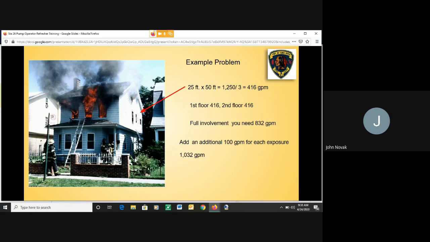Not that you're going to use it all, but that's possibly what you may need for this situation. So if we did our percentage with the fire, probably like 50%, so 200 gallons a minute, thereabouts. So two good hand lines going up to the second floor, probably knock that fire out pretty quick.